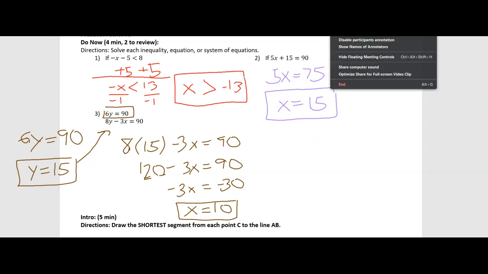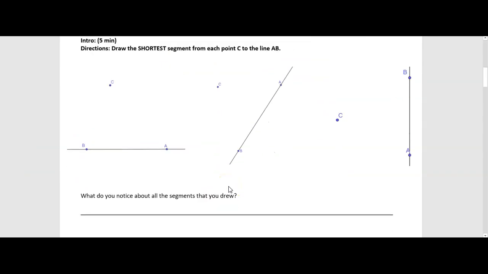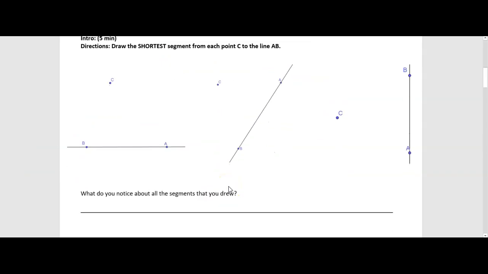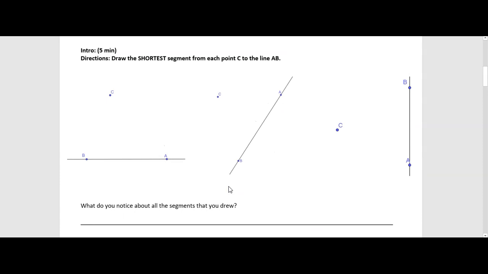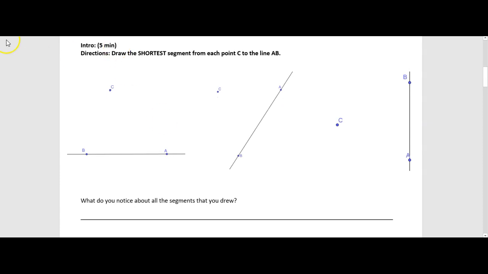All right, let's start talking about perpendicular lines and segments. Here's a little intro for you. You have 3 diagrams here, but all with line AB. They just don't have the arrows on them. You can treat them as a line, and a point C somewhere near that line.